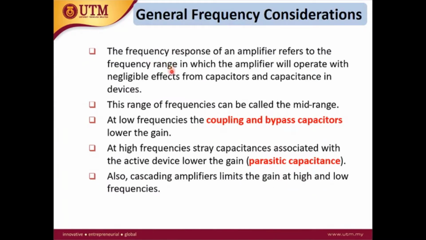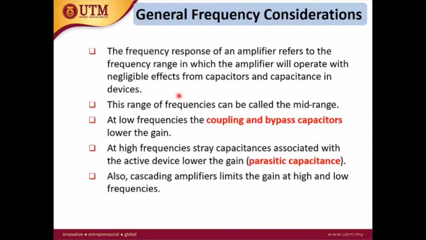The frequency response of an amplifier refers to the frequency range in which the amplifier will operate with negligible effect from capacitors and capacitance in the device. So this is what I said just now. When we analyze the AC performance of the BJT amplifier, we assume the capacitor behaves as a short circuit, so actually we ignore the effect of the capacitor.